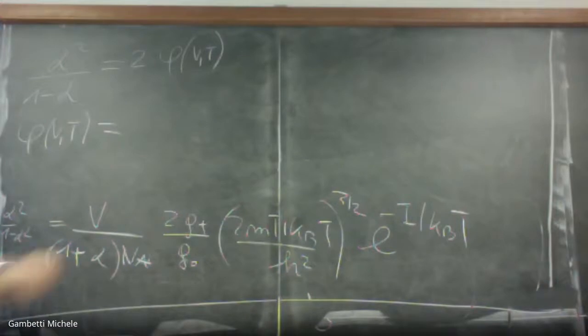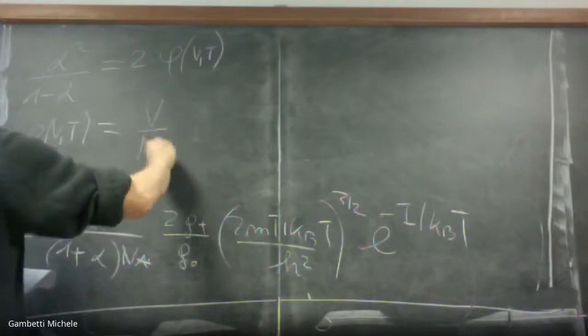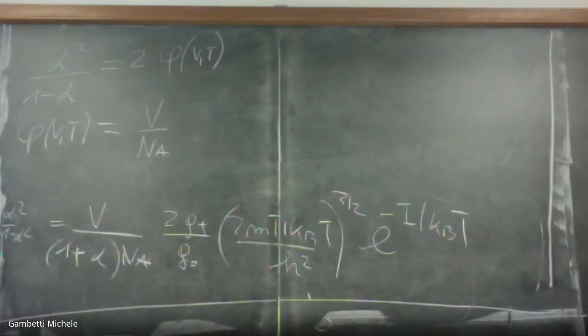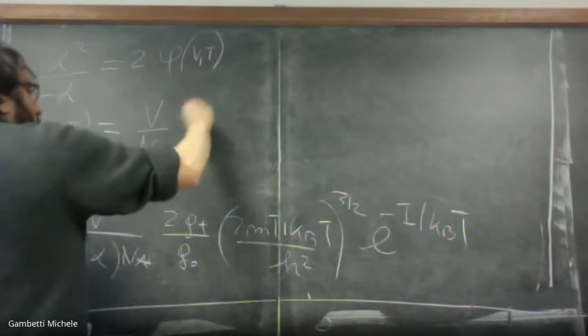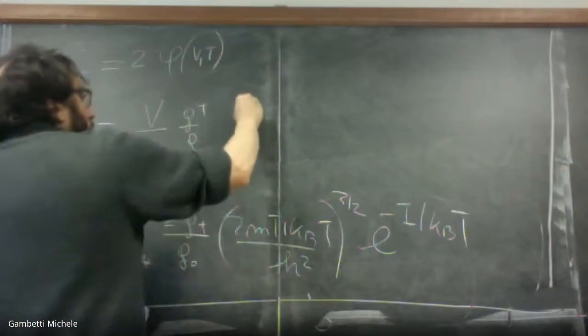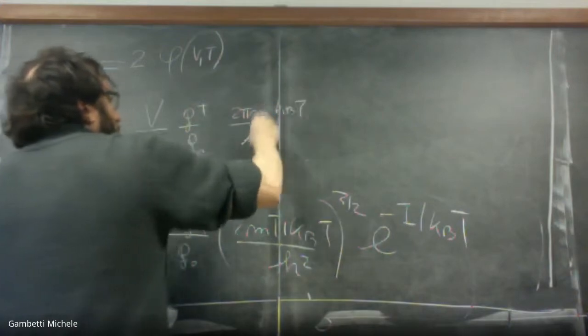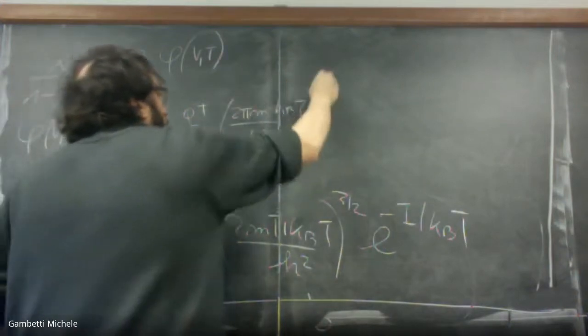So it's V divided by NA, g plus over g0, 2 pi m kBT divided by h squared to the power of 3/2.